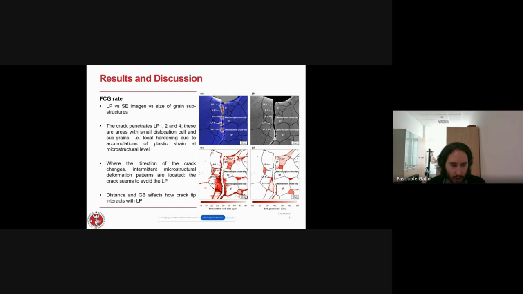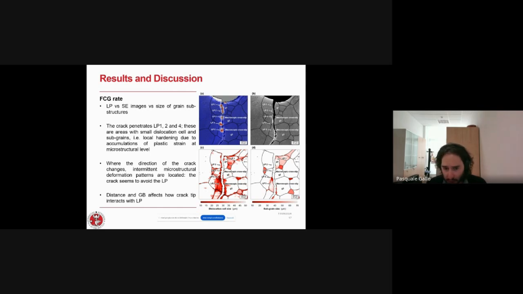What happens is that the grain boundaries act as a shield. So it's as if the crack tip is not seeing the strain localization if there is a grain boundary; they are shielding the effect. But then when the crack tip is reaching the strain localizations, it has only two choices, as I told you before: bypass it, or go through it, and then you have a very strong retardation, or try to overcome it if the slip system is favorable. And then in that case, the retardation is a little bit mitigated, basically.